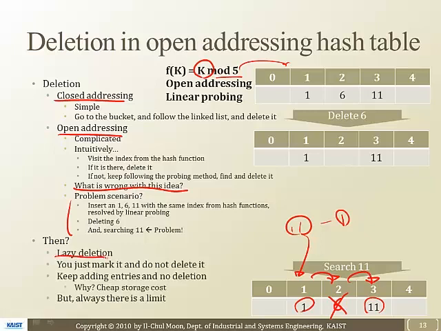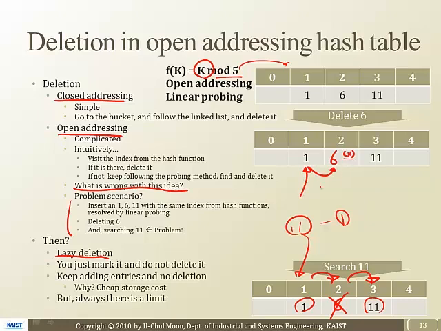Actually, the deletion operation of the hash table often uses lazy deletion. Lazy deletion means you just mark it and do not delete it. It means that 6 gets a small mark saying that it's been deleted. Then when you search for 6, you go to 1 and 6.